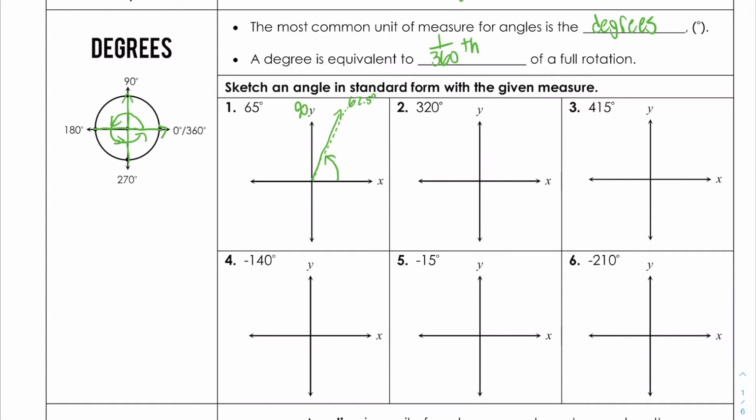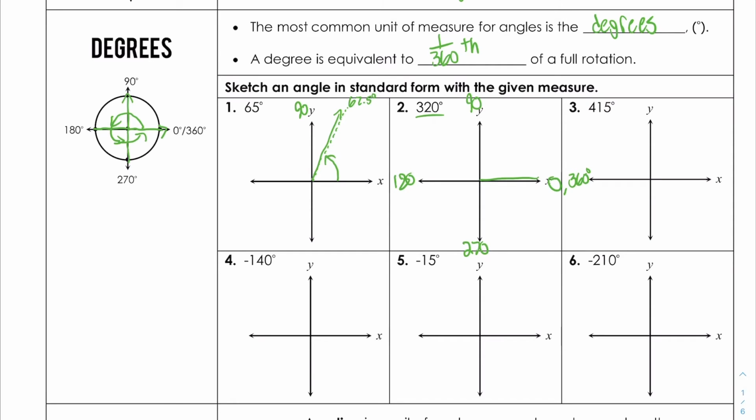Alright, so directly to the right is 0, straight up is 90, to the left is 180, straight down is 270, and for number 2, we're trying to get 320 degrees. So somewhere in quadrant 4 is where we're going to end up with this angle. So let's label 0 degrees as also 360 degrees, and then we can figure it out from there.